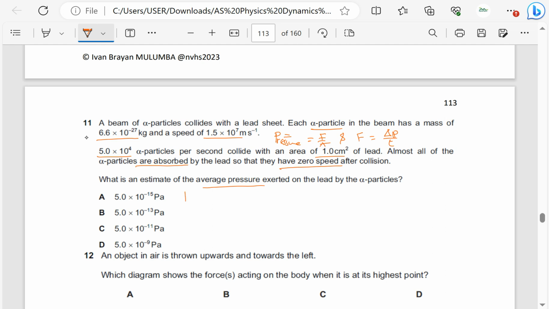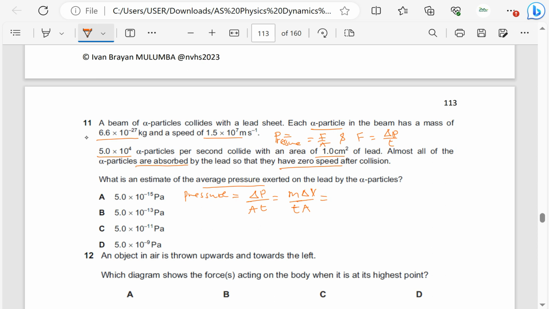So pressure is going to be the rate of change of momentum divided by area times t. So change in momentum is mass times change in velocity, then divide by t over area.